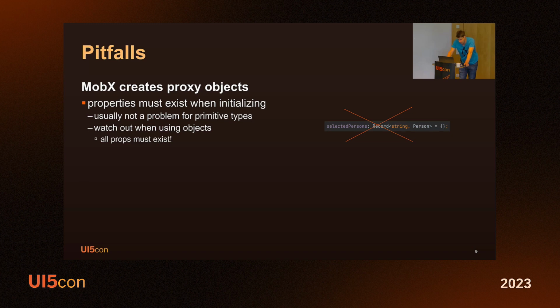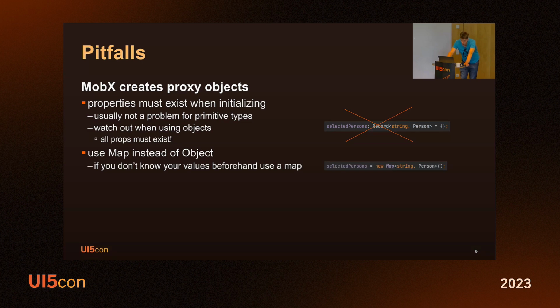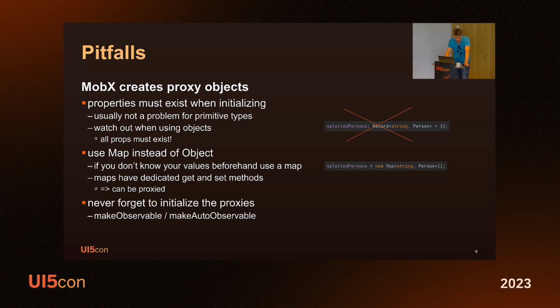So MobX cannot create a proxy object. Instead, use a map. This works. Why does it work? Because it has dedicated getter and setter methods. And then the proxying can work again. And if I haven't mentioned it before, never forget to initialize your MobX stuff with make observable.